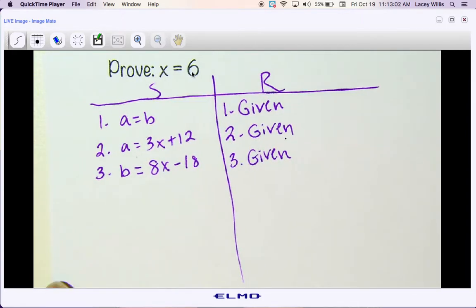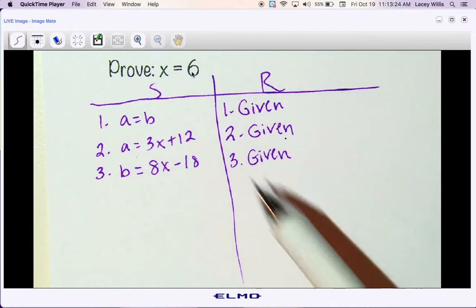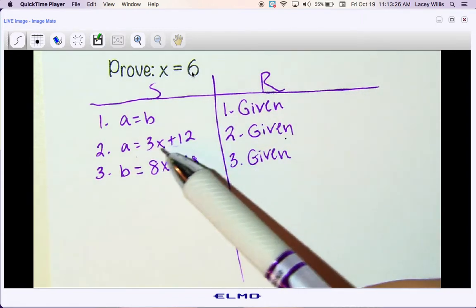So we're trying to prove that x equals 6. Can we solve any of those equations right now? The second one, if we take 3 divided by 12... Oh, we could do that if they were on opposite sides of the equal sign, but since they're on the same, you can't.